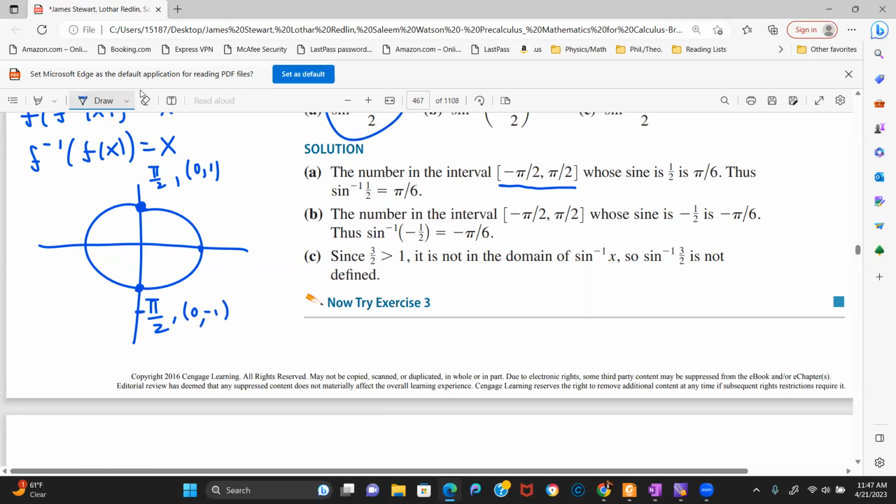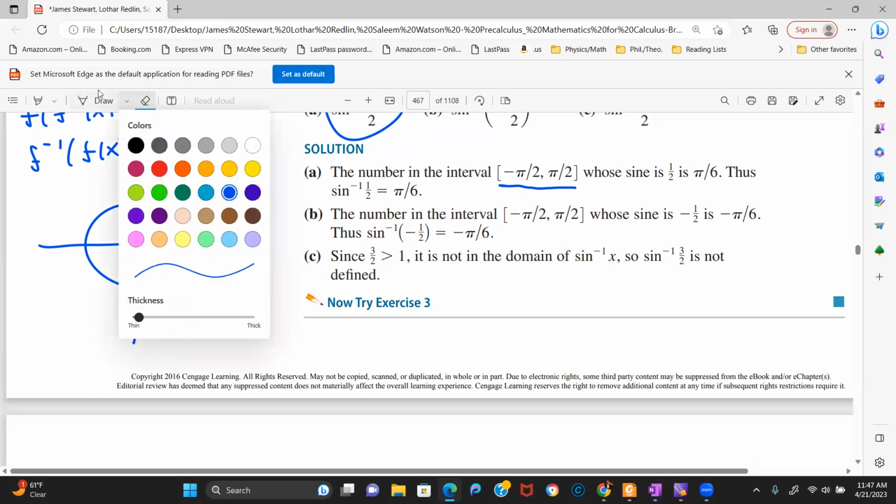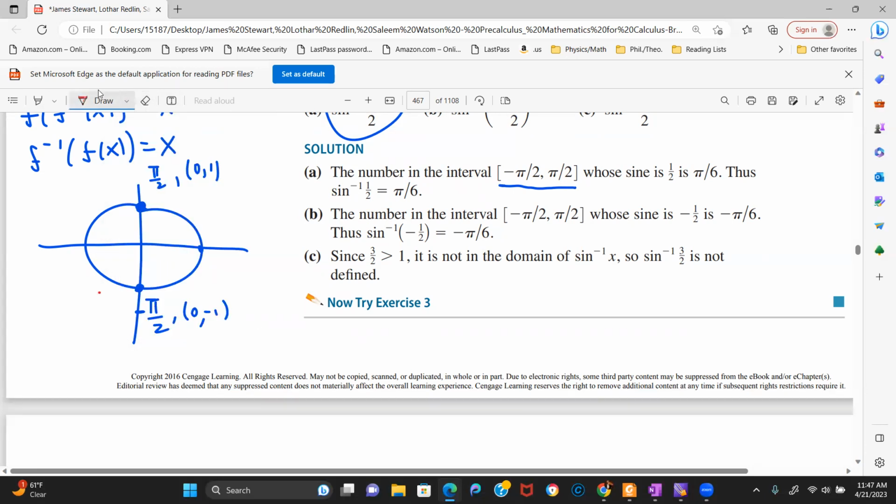So the t values that we're allowed to plug in come from this arc right here, including the endpoints. So you can plug the endpoints in.